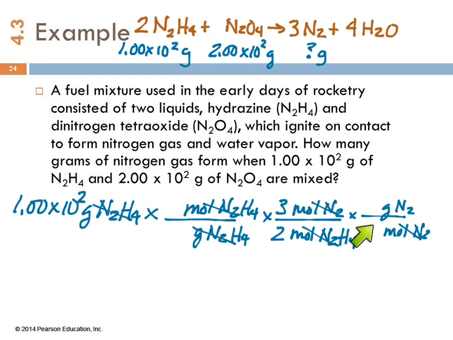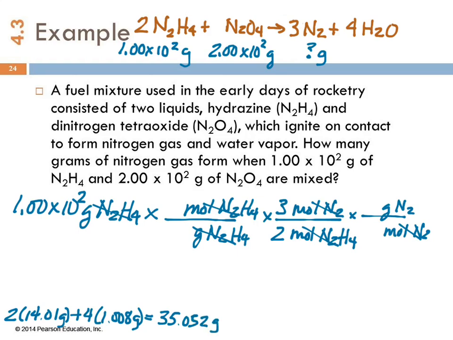First term, last term are molar masses. So we need the molar mass of hydrazine. 2 times 14.01 grams plus 4 times 1.008 grams. 35.052 grams equals 1 mole, or grams per mole.